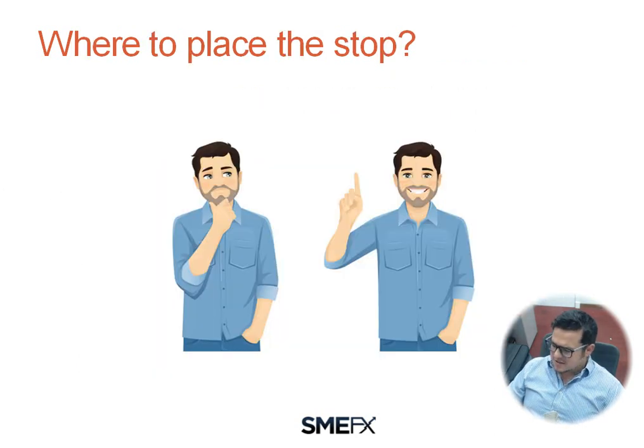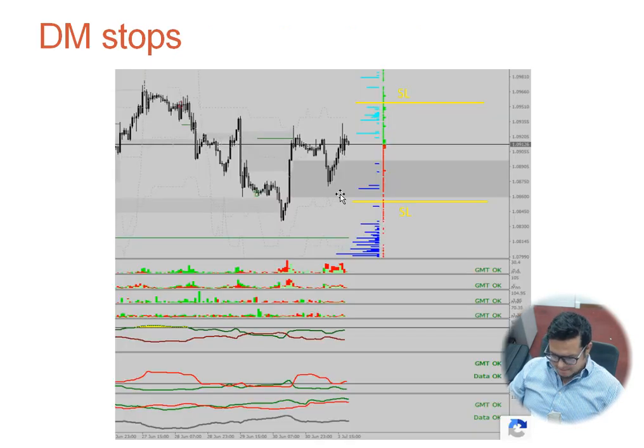So let's come to the question somebody asked. Where should I place my stop? And this enables me to give you some cool examples. We, as causality traders, see where the money positions are. We see where the stops are. So like here, let's say you want to sell for some reason.